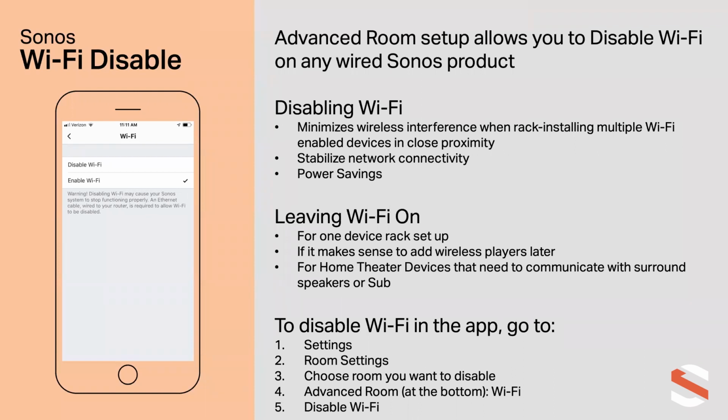Well, how in the world is the Arc going to talk to the sub and the surrounds? By the way, that product is the one doing all the crossover. It's controlling the home theater system, so it's not going to be able to talk to those wireless players, right? So if you're in home theater, it might make sense to just leave Wi-Fi turned on, unless you have literally everything hardlined. Under advanced settings, you can disable your Wi-Fi on each and every individual room if you would like.